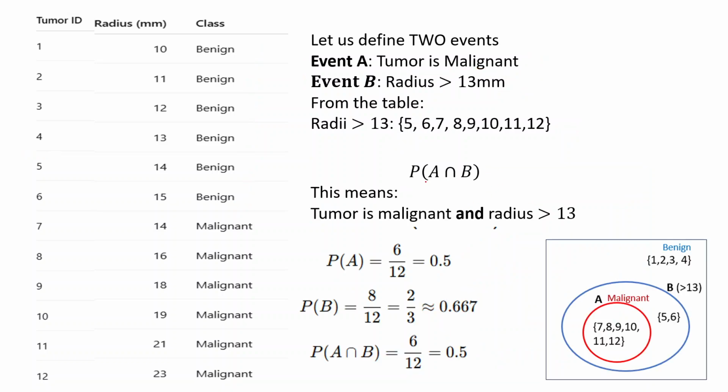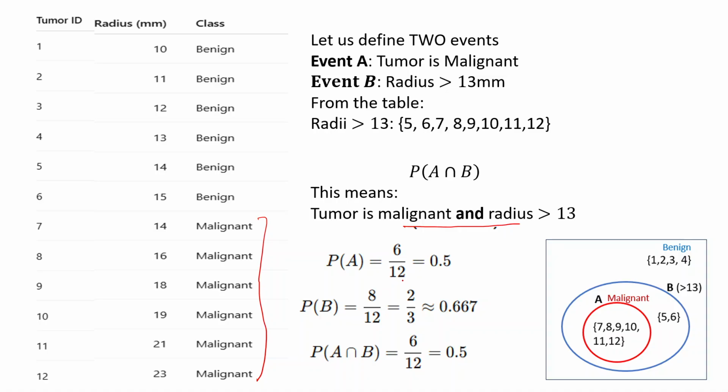Now, when I ask the question, what is the probability of A intersection B? It is asking whether the tumor is malignant and its radii is greater than 30. To understand this, first we'll calculate the probability that the tumor is malignant. 6 instances are there for that, and the total sample space is 12.